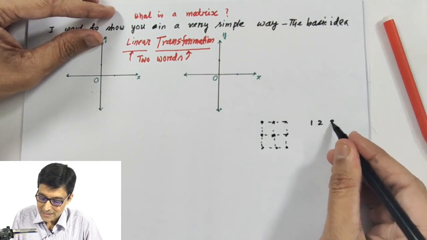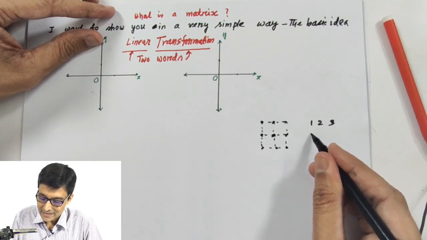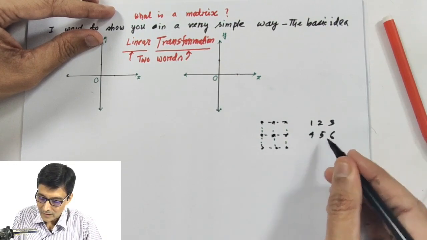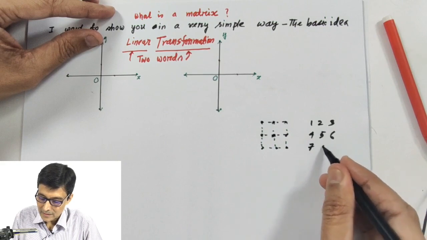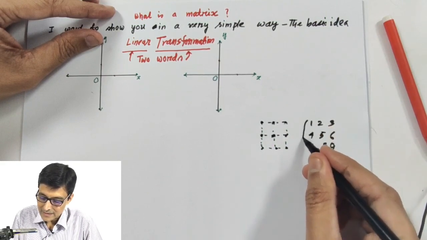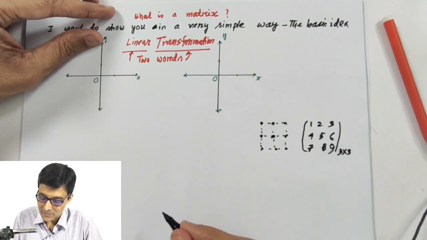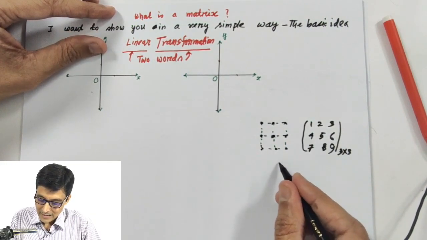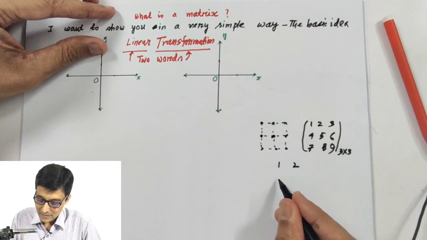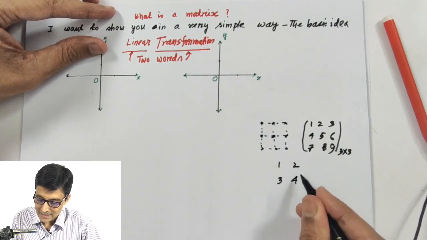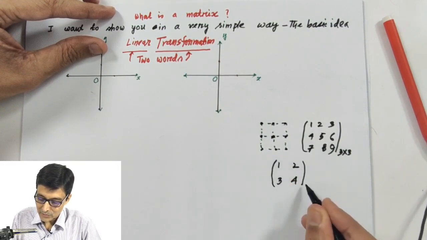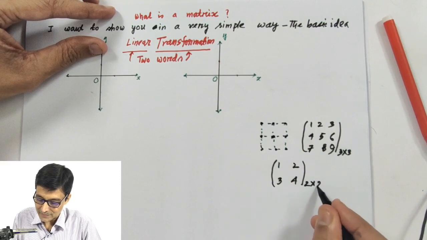For example, this is a matrix. This is a matrix which has got 3 rows and 3 columns. Likewise, a 2 by 2 matrix will be like this. It has got 2 rows and 2 columns.